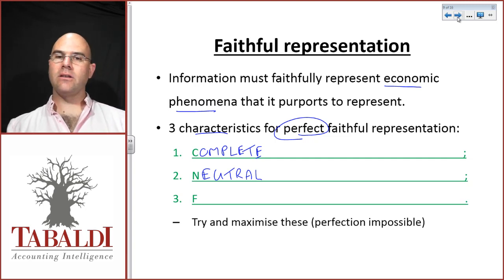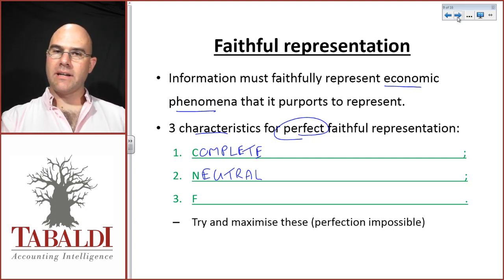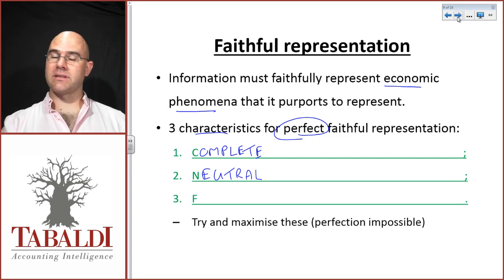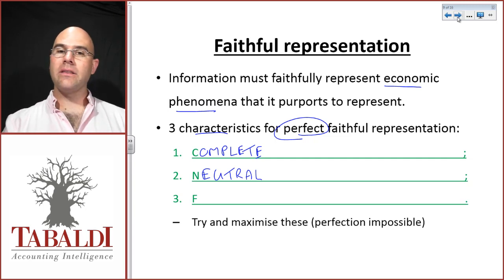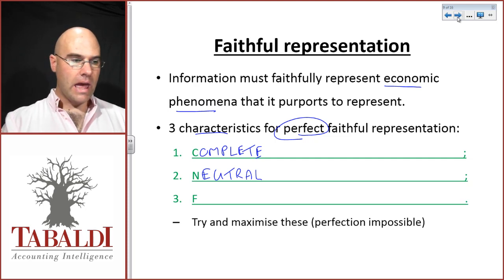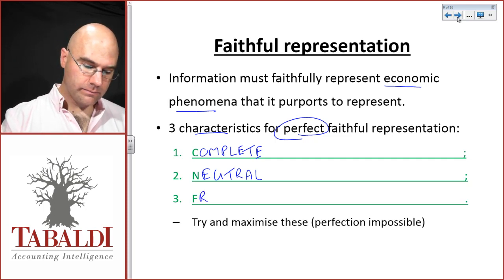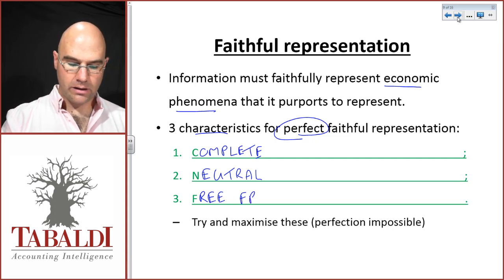Take note that under the old qualitative characteristic of reliability, there was a concept of prudence that was discussed. That's been removed, and now there is only neutrality. And then there is the third characteristic, namely the information must be free from error.